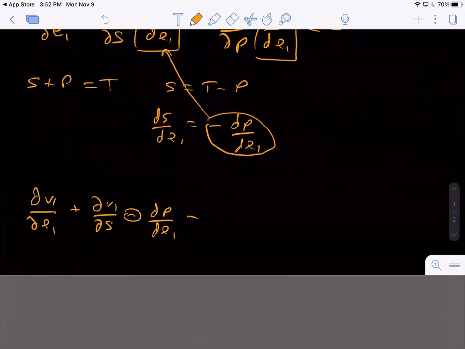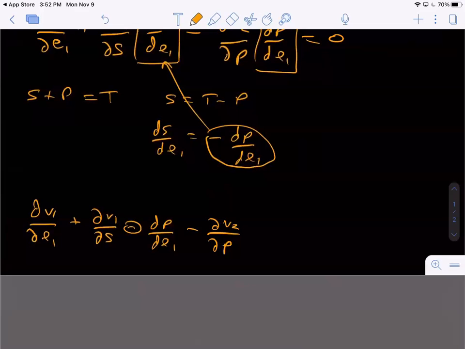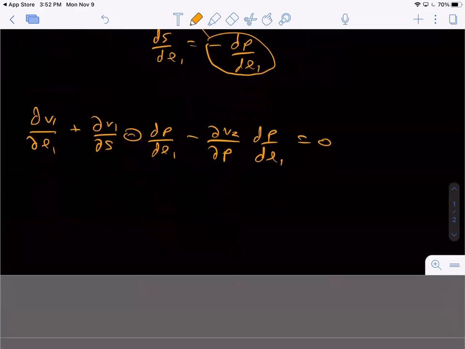Then it's minus dV2 by dP, and then dP by dE1, equals 0. Now I've got all the terms I need. This dP by dE1 is the unknown, the thing I'm trying to find. The other terms will turn into the elasticities, which is what I want as well.